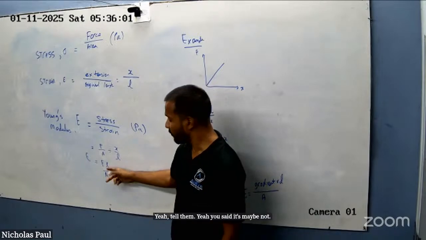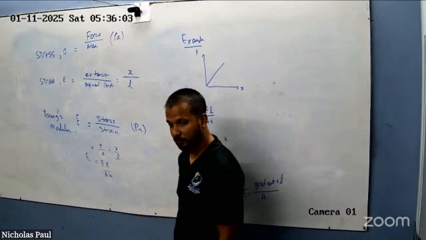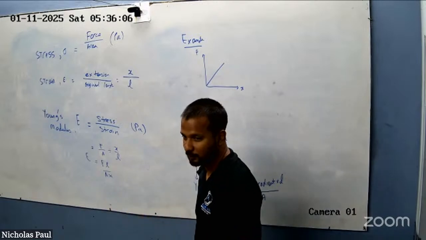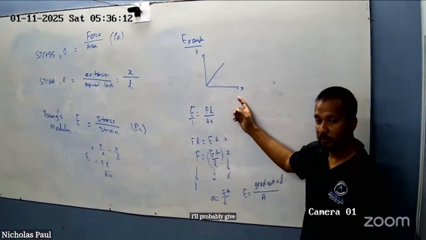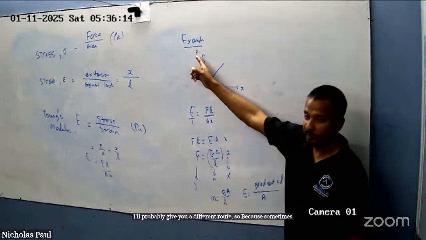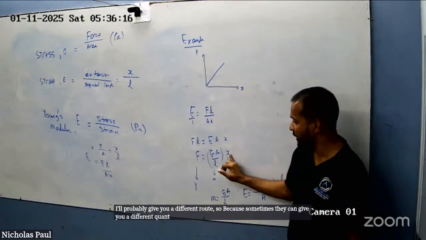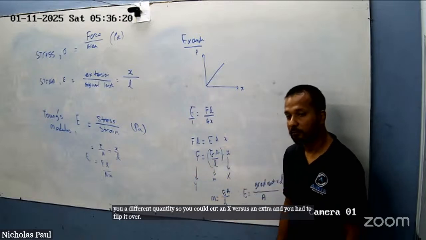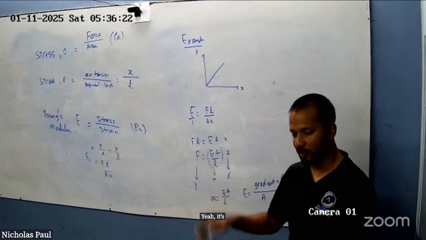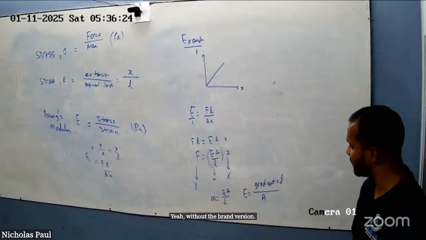I'll probably give you a different version, because sometimes they could give you a different quantity. You could plot an X versus F graph and you have to flip it over. It has different versions of the graph.